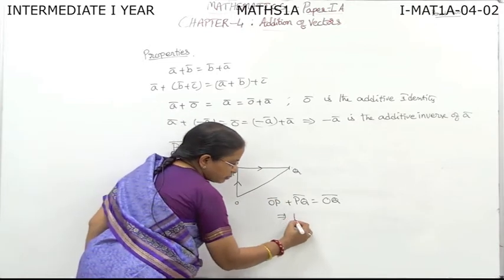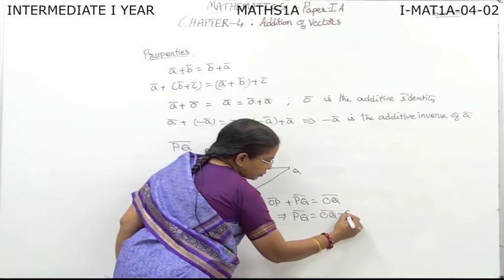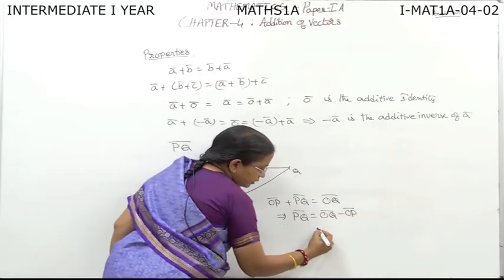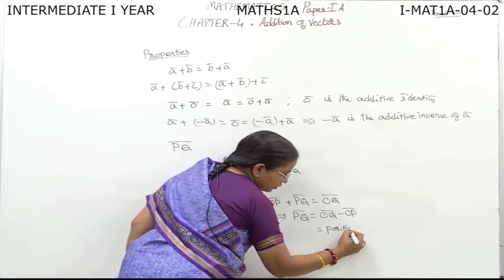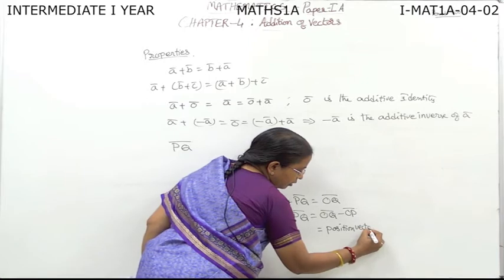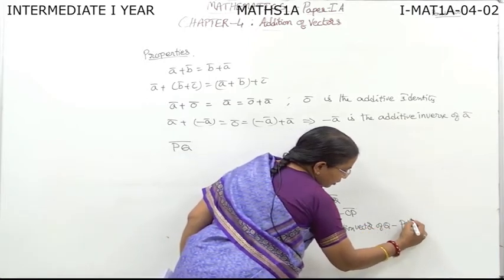So PQ is equal to OQ minus OP. That means it is the position vector of the terminal point Q minus the position vector of P.